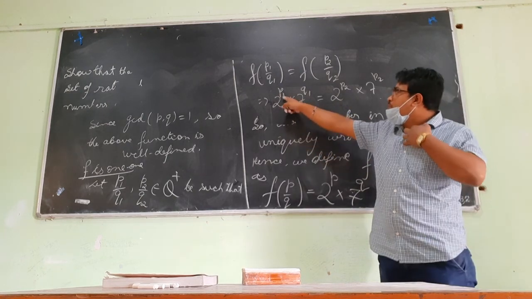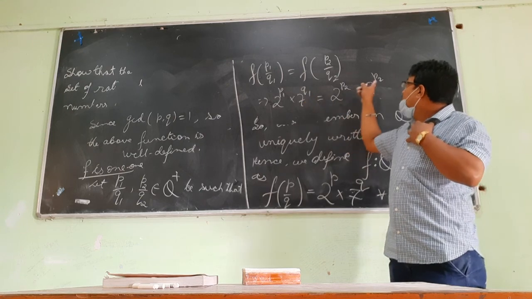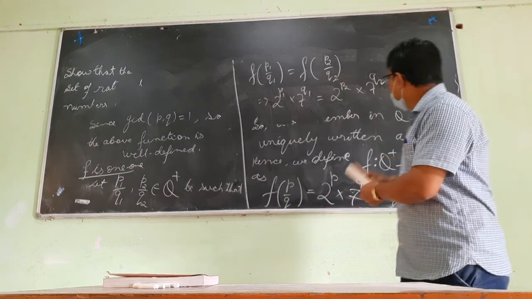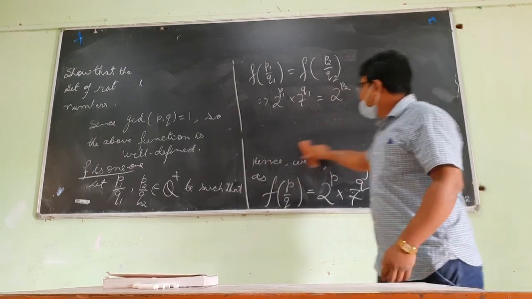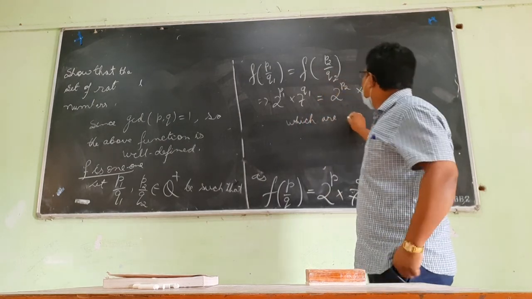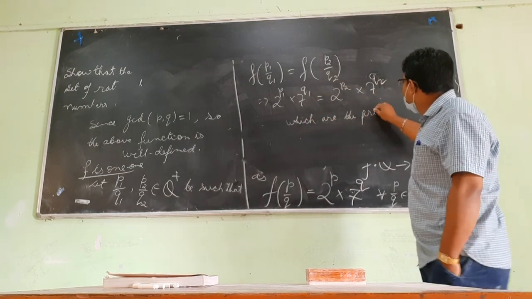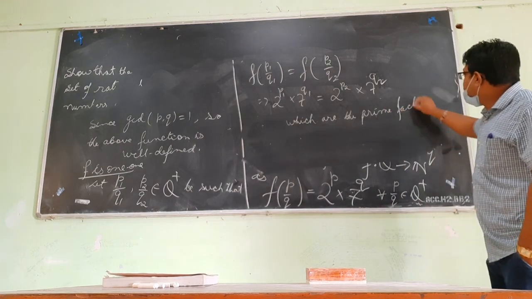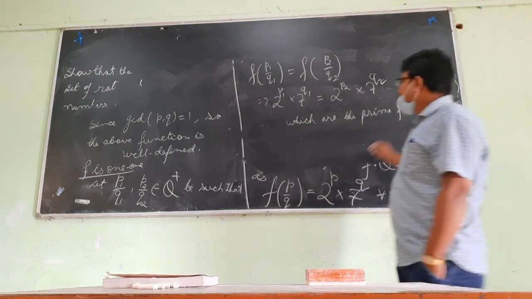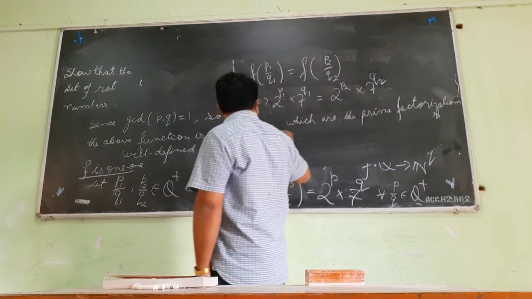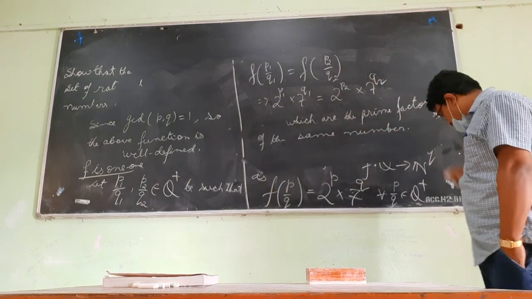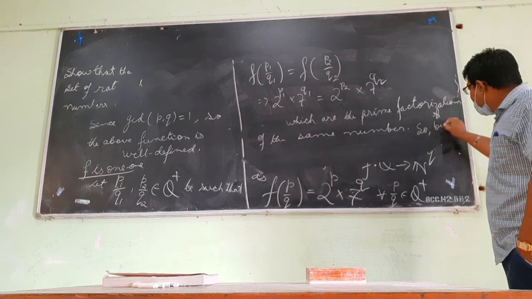So by the fundamental theorem of arithmetic, they should have the same prime factorization. So p1 and p2 should be equal, and q1 and q2 should be equal.